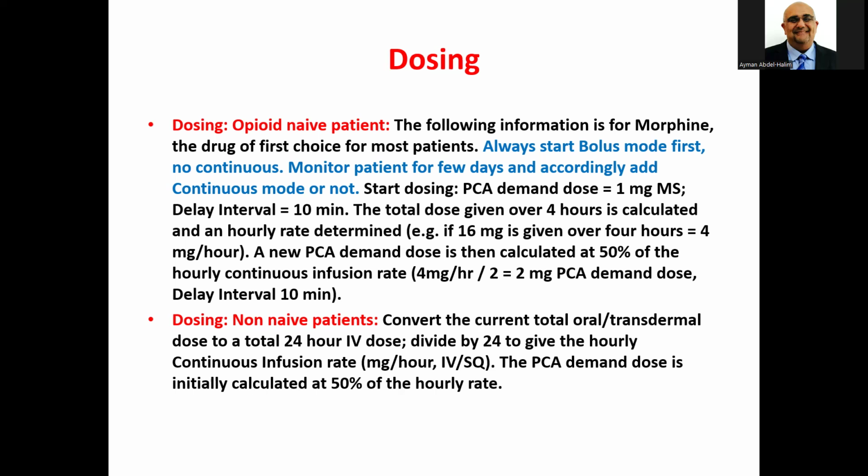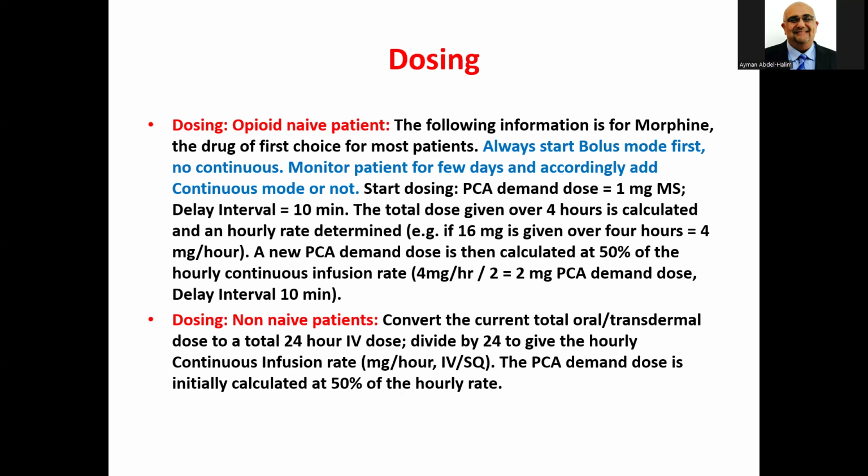Now, I want to say that in post-operative patients, we do not use continuous infusion because most of the time these patients are opioid naive. So we use only PCA boluses, okay? Now, it's not the same for a patient that's a sickler who is taking opioids at home.